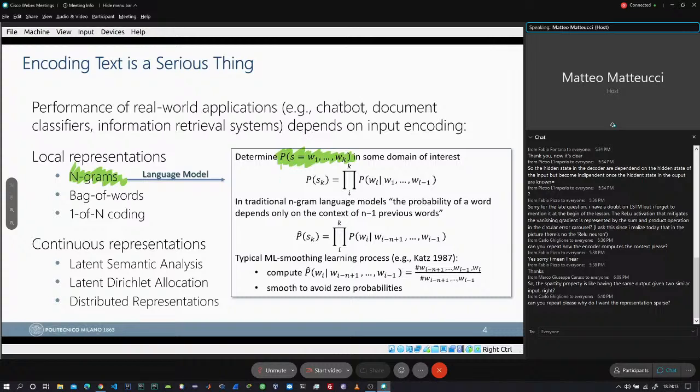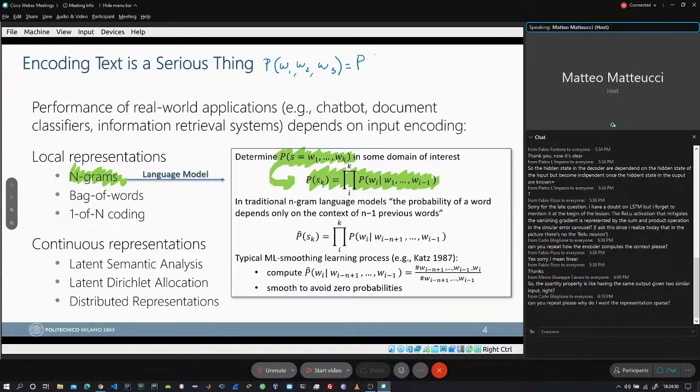You can write this probability as this probability here. Notice that this is an exact expansion. So let me clarify this. If I have the probability of, I don't know, 3 words, the joint probability of word 1, word 2, and word 3, I can use the chain rule.